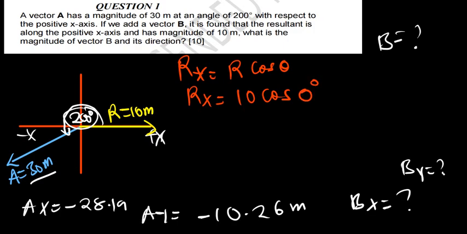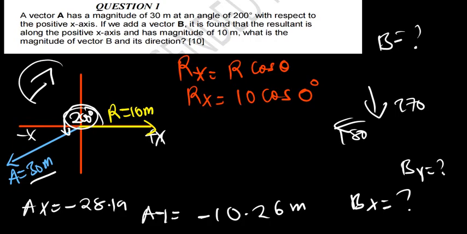If the vector is going toward south, the angle is 270. If a vector is going toward the west or negative x-axis, the angle is 180. If a vector is going toward north or positive y-axis, the angle is 90 degrees. Those four are very, very important. You need to know them.